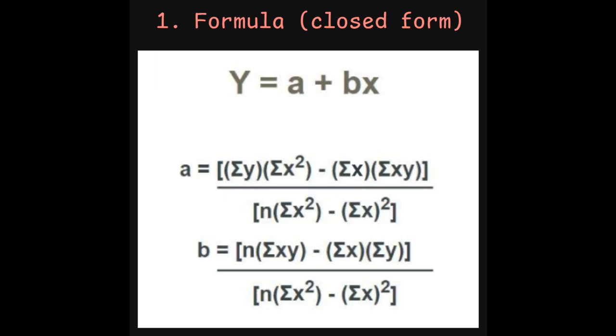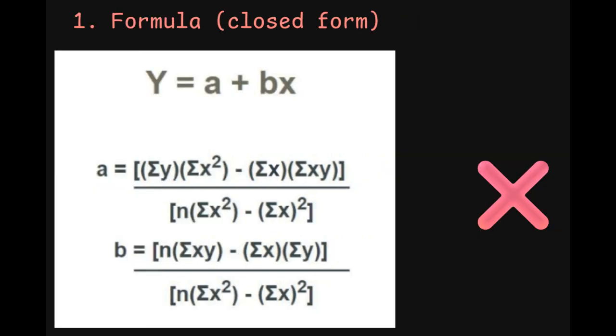Now in the first method, that is the formula based method, we have a formula of the line, that is y is equal to a plus bx, where y is the output variable, which is also called the dependent variable, and x is the independent variable, which is also the input variable from which we will pass the column as the input and will return the answer as the output through y.